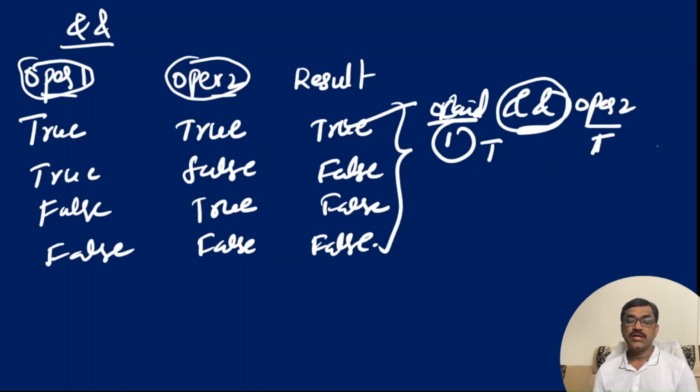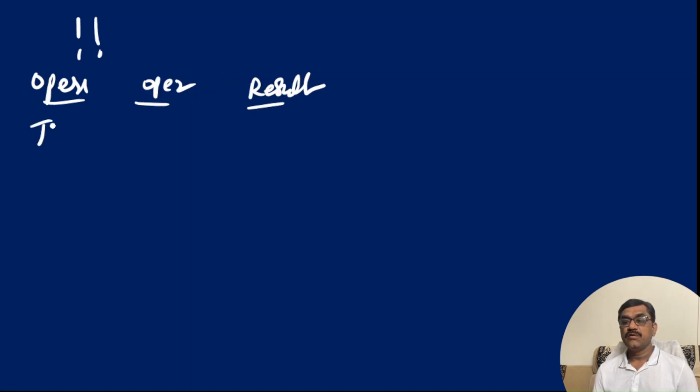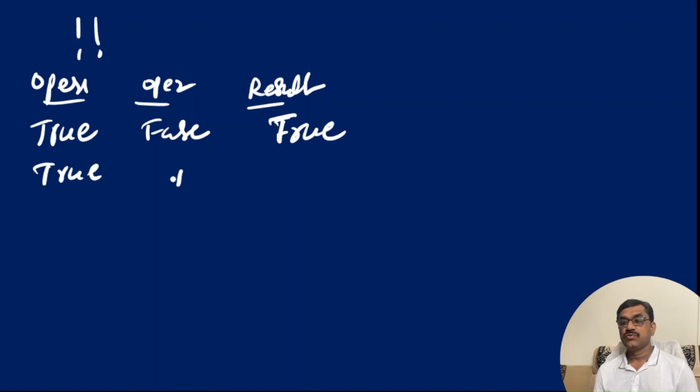Now, after logical AND, we move to logical OR. So here also we are taking two conditions in the form of operands, operand 1, operand 2, and here we are taking the result. Assume that operand 1, the first condition, is true and the second one is false, the result we get is true. If any one is true, the result we get is true. Now true, true, again we get true. False, true, true.